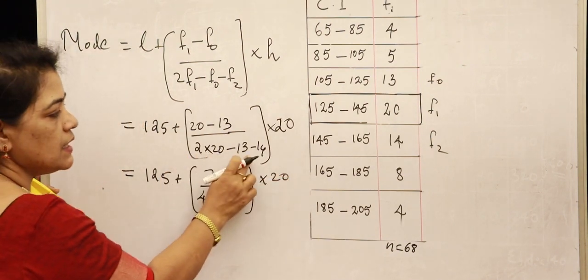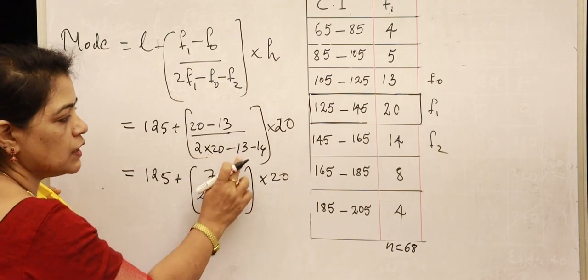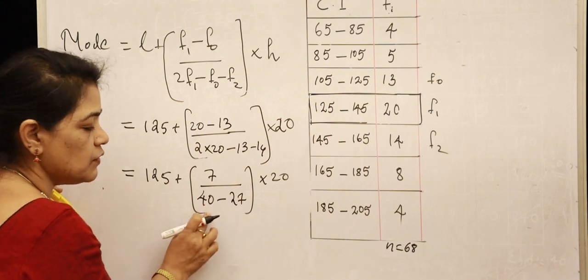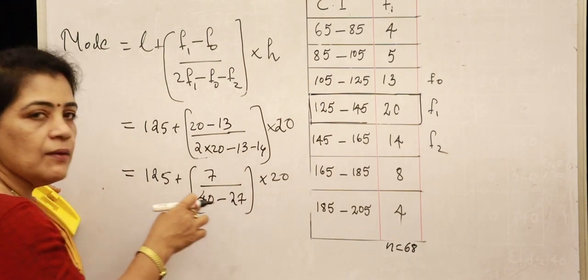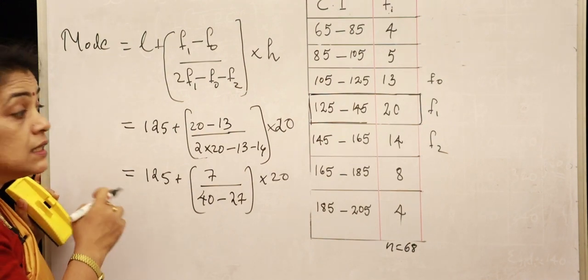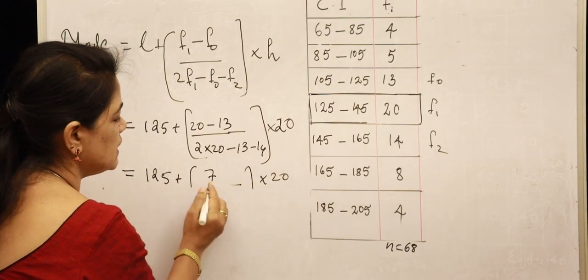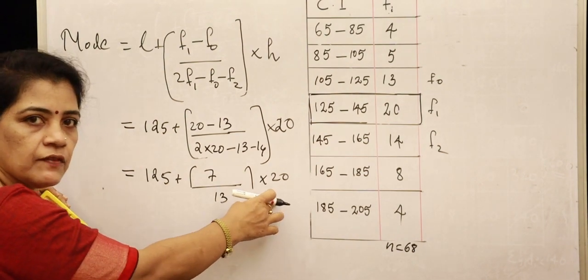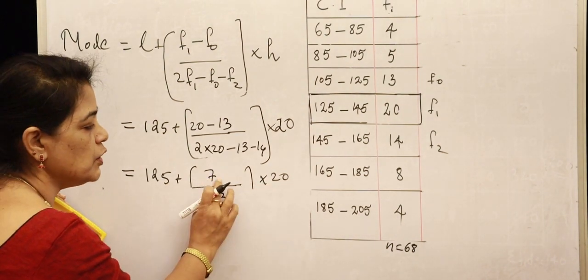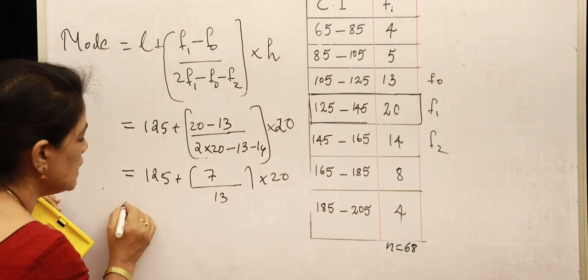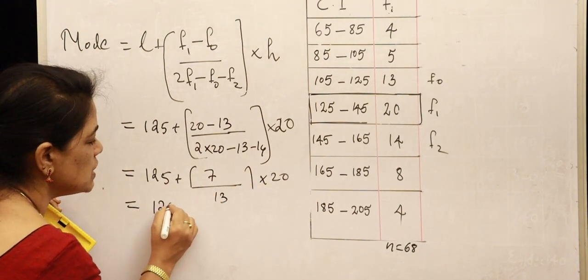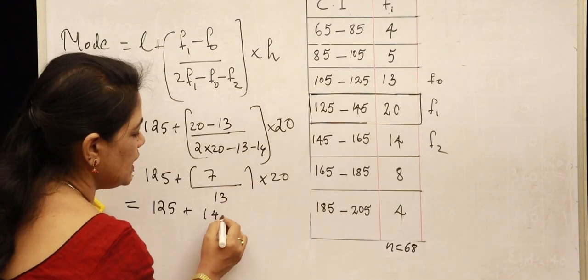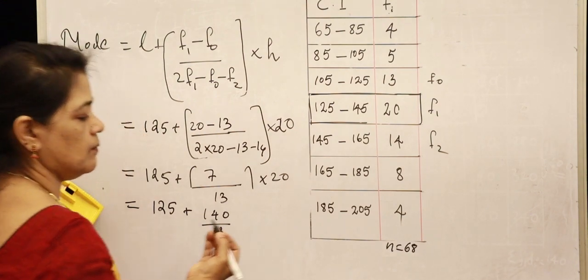In the denominator, 2 20s are 40, minus 13 minus 14 gives minus 27, and on subtraction 40 minus 27 is 13. So this fraction should be multiplied with 20. That means you can multiply the numerator by 20. In the next step: 125 plus 7 into 20, 140, divided by 13.